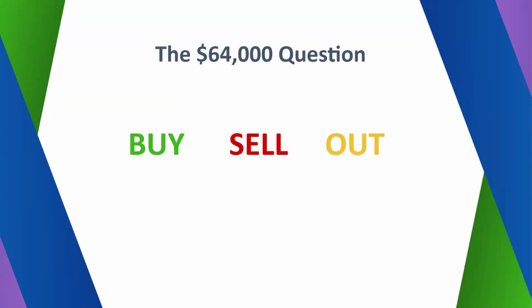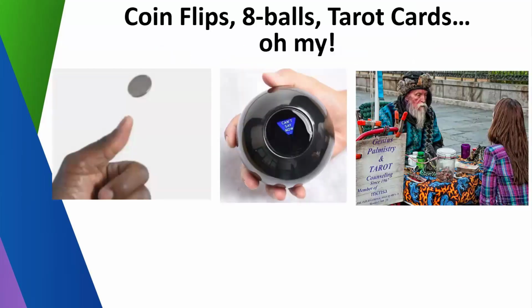You do not have an edge. Simple as that. If you do not have an edge, you might as well start flipping coins, shaking your kid's magic 8-ball, or go visit a tarot card reader. Okay? No offense to any tarot card palm readers here. I'm sure you're very good at your craft.